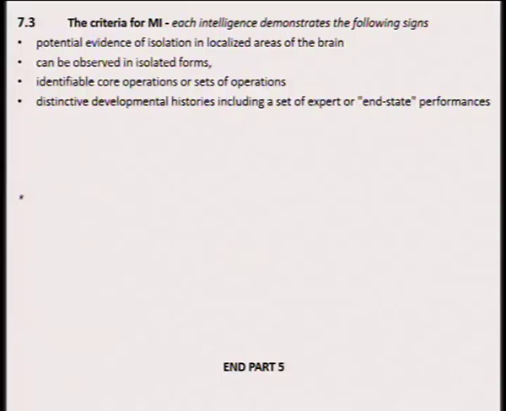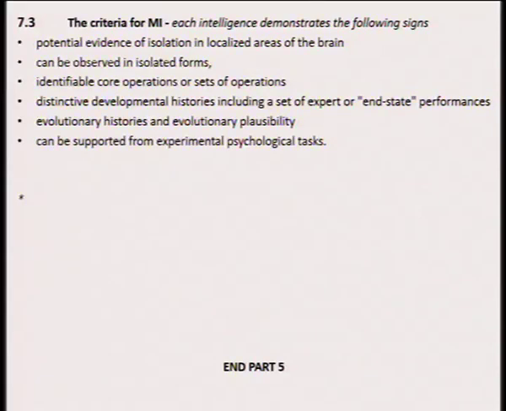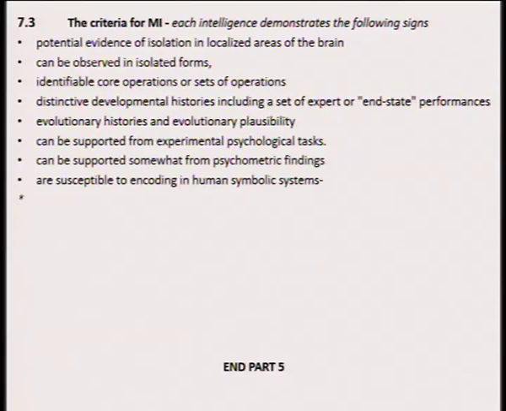It has distinctive developmental histories, including a set of expert or end-state performances. It has an evolutionary history as well as evolutionary plausibility. It can be supported from experimental psychological tasks, as well as be supported somewhat from psychometric findings. And lastly, it is susceptible to encoding in human symbolic systems.